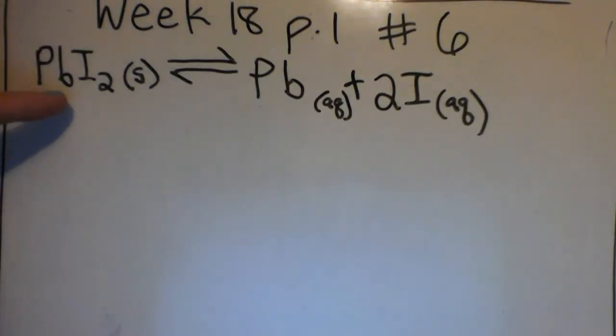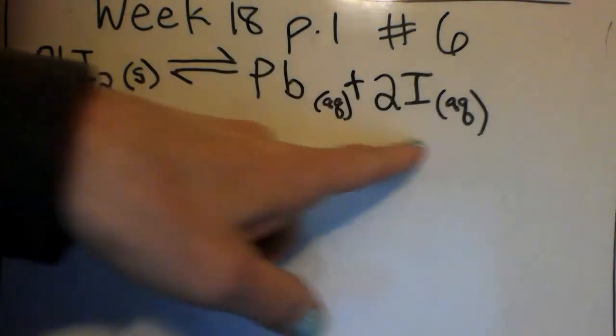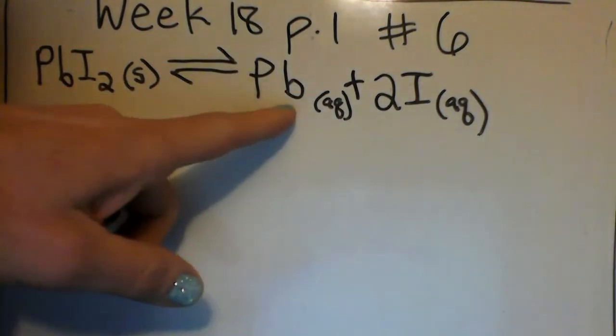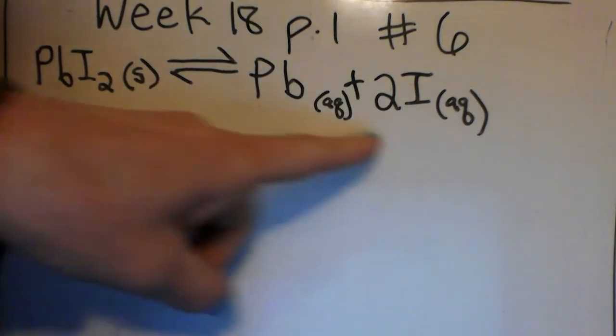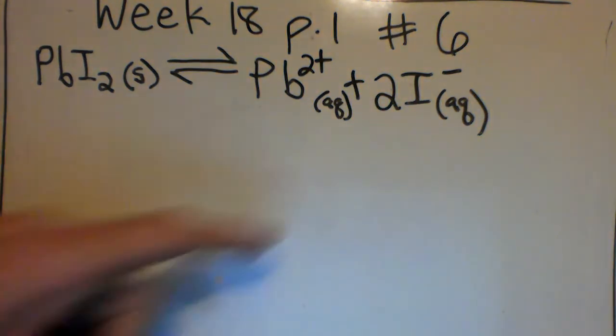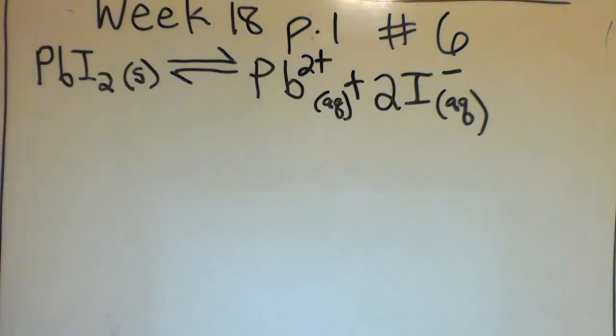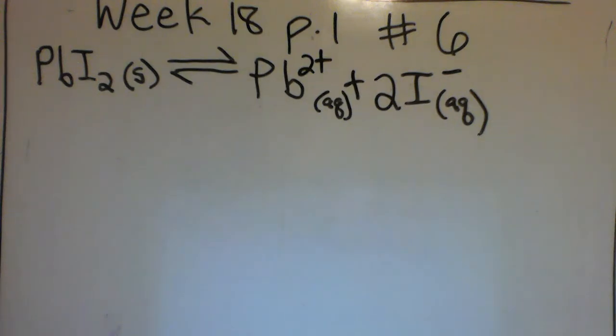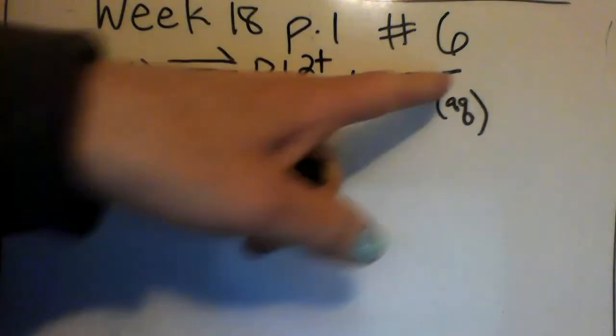Now usually when we write an equilibrium equation like this, we show that these particular atoms are ions by showing their charge. Now we know that iodine is in group 7A, so it can gain 1 electron. It will have a -1 charge.